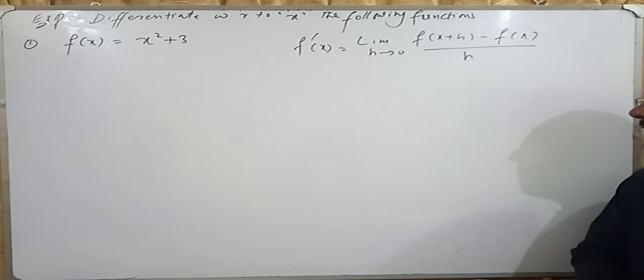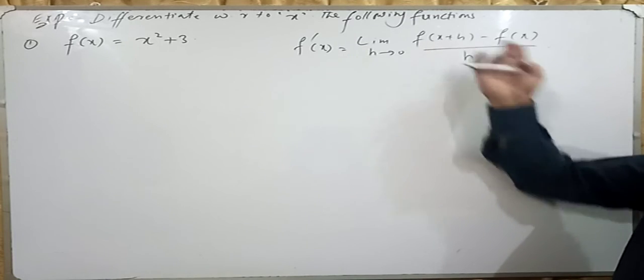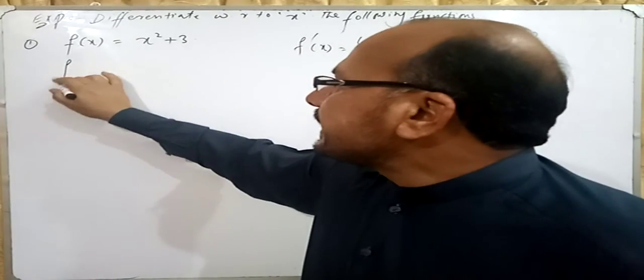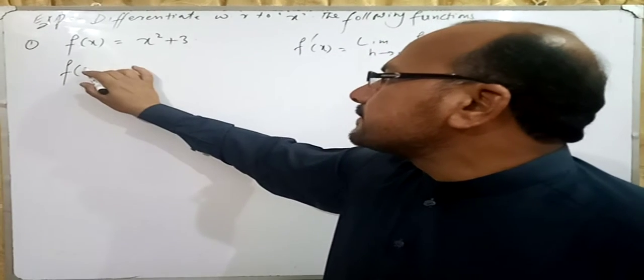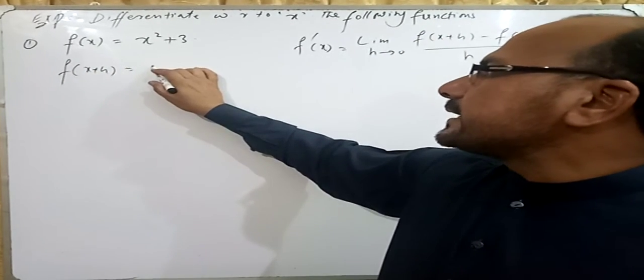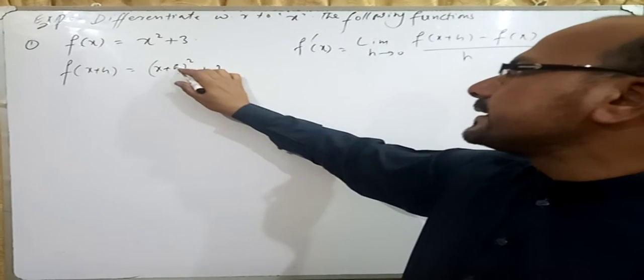Now for this formula we need to find f of x plus h, because f of x is given. So only make some changes. Instead of x, put x plus h. So here also we will replace it by x plus h whole square plus 3.